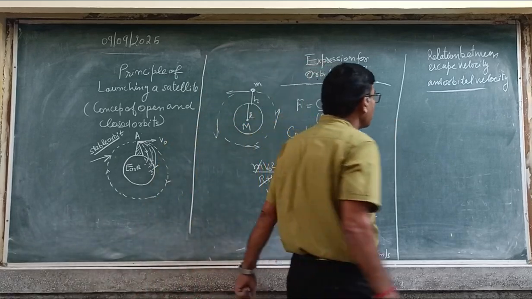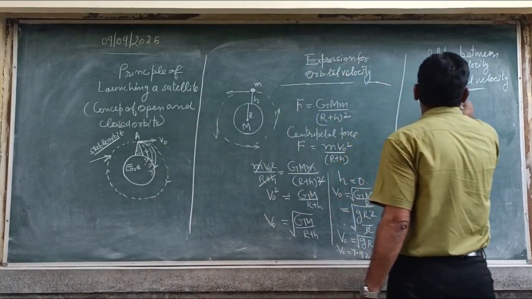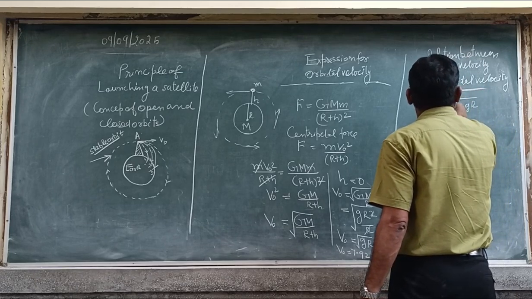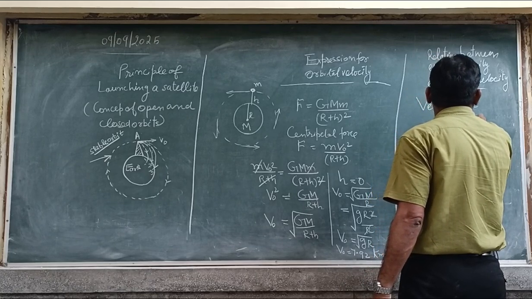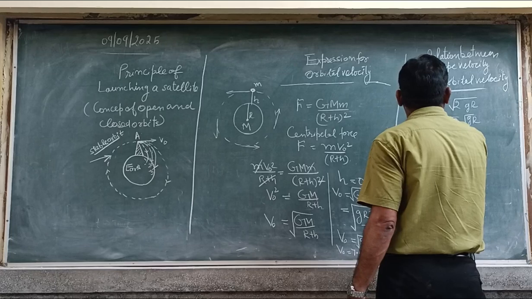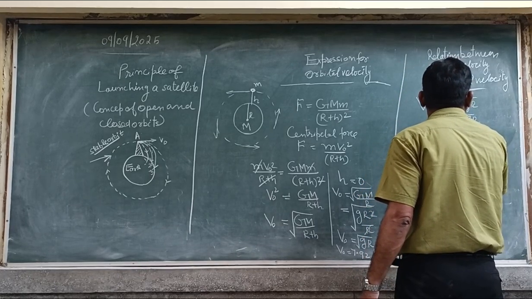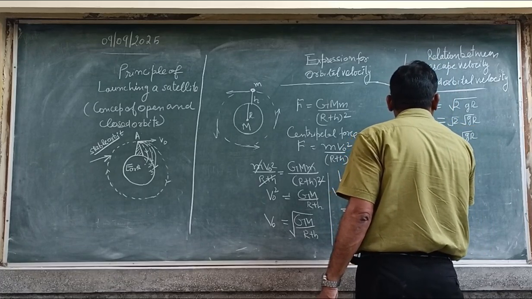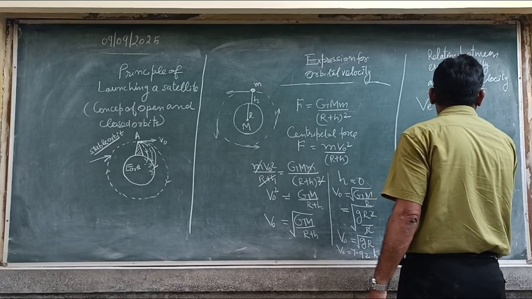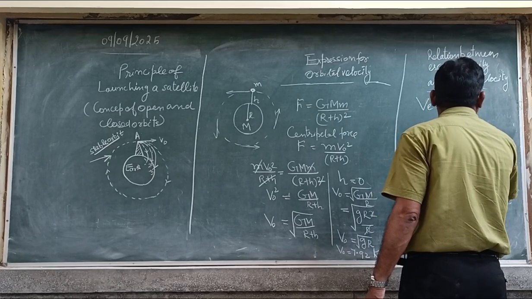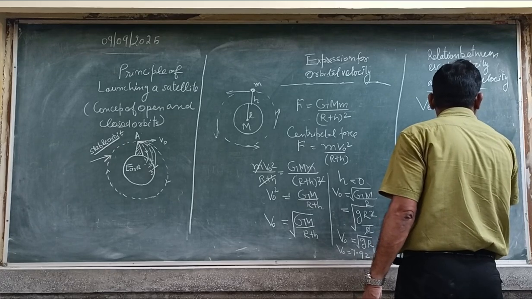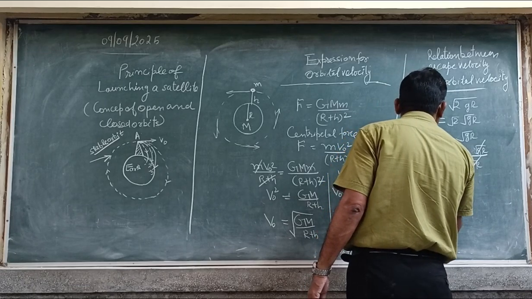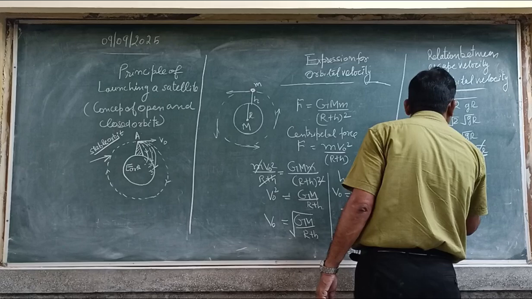Now let us see the relationship between escape velocity and orbital velocity. You know that escape velocity is equal to root of 2 g R, and for simplicity, the orbital velocity is equal to root of g R. So escape velocity upon orbital velocity is equal to root 2 g R upon root g R. This gets cancelled, and escape velocity is equal to root 2 times the orbital velocity.